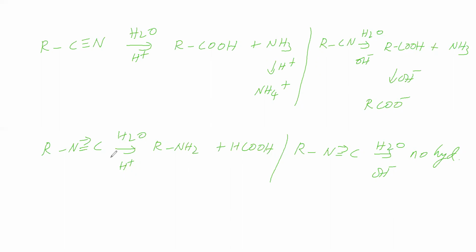Okay, next chemical property we'll see. Isocyanide, to this Cl2 is added. We are getting a product.